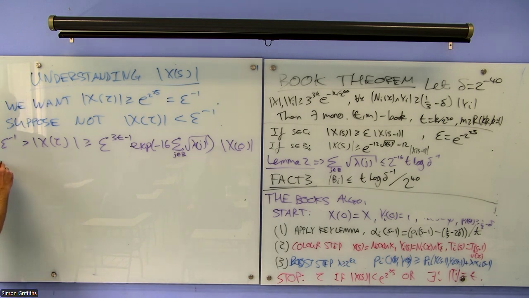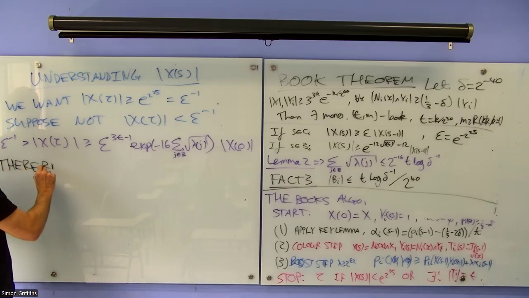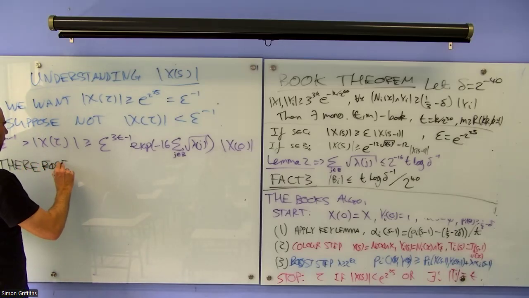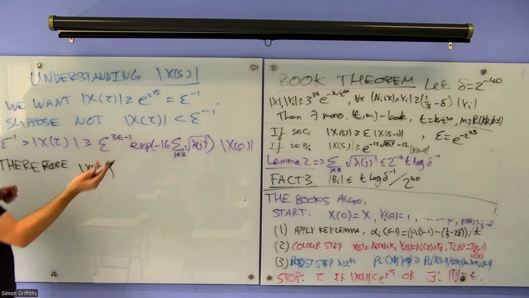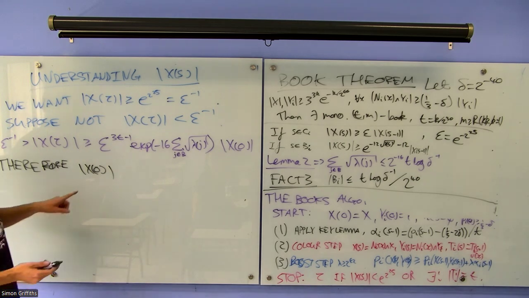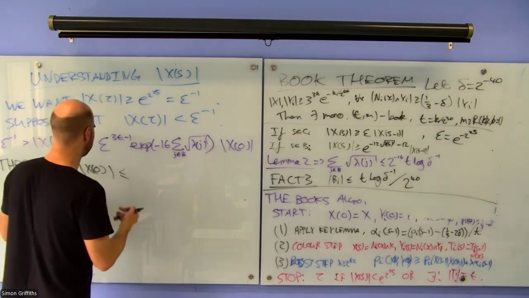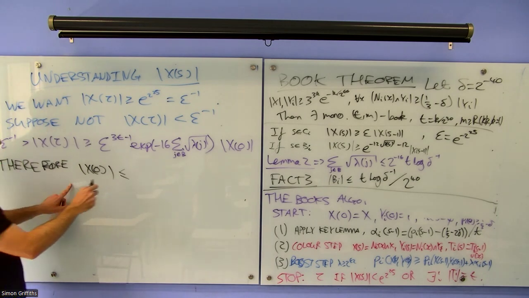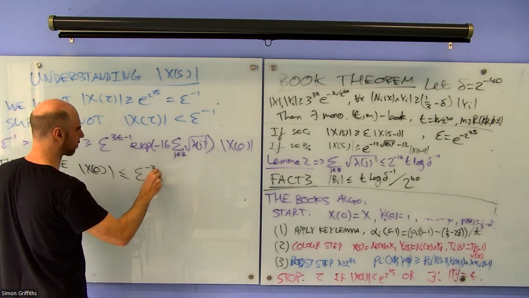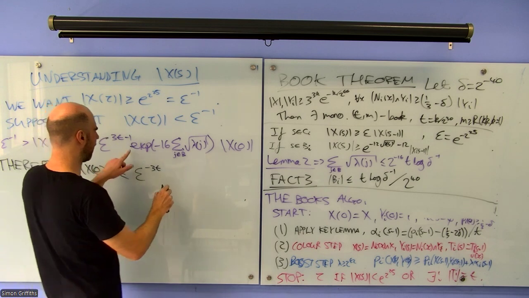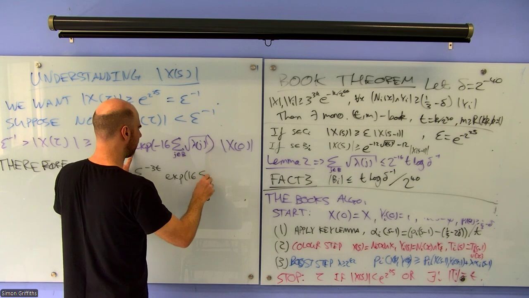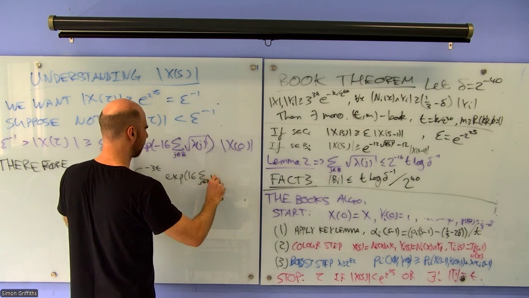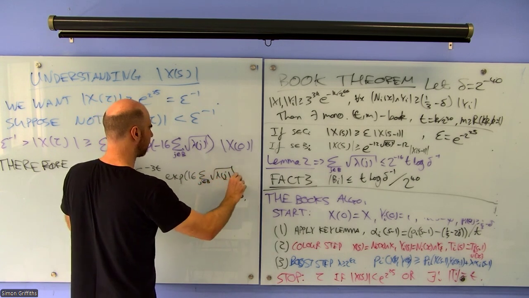So therefore, x0, or in other words, the original x that we given in the theorem, is at most, all right, work those epsilons the other side, epsilon to the minus 3t, and this exponential of now it'll be 16 sum of the boost steps square root lambda j.